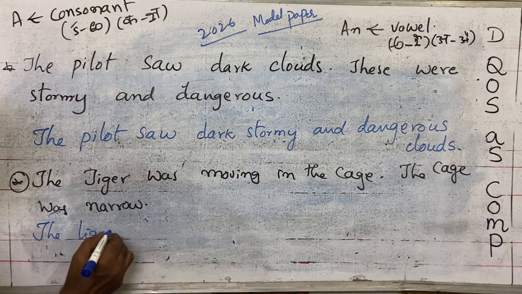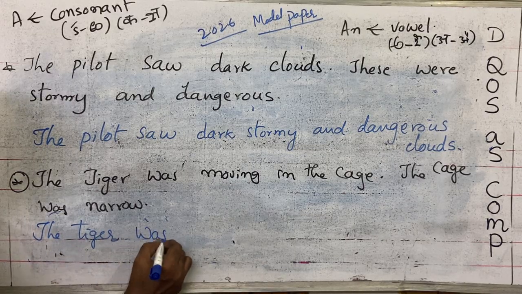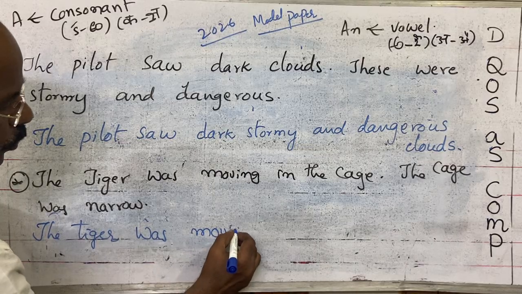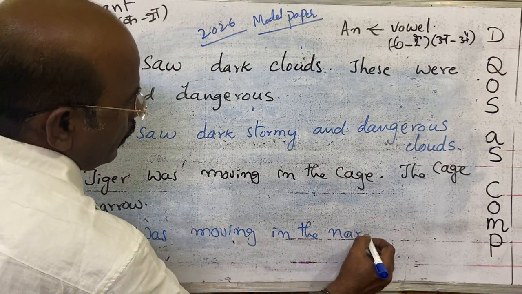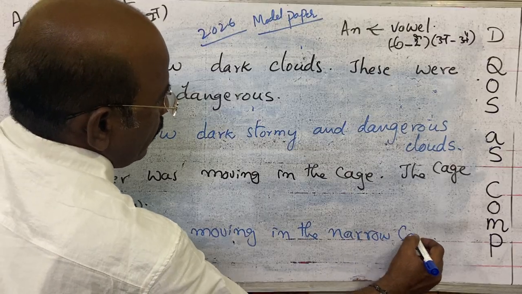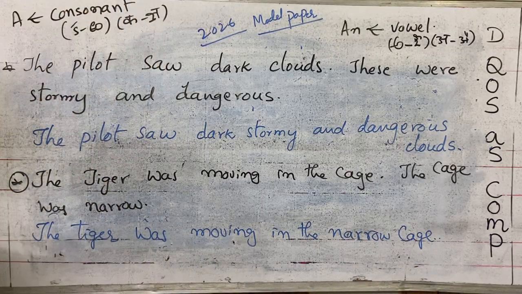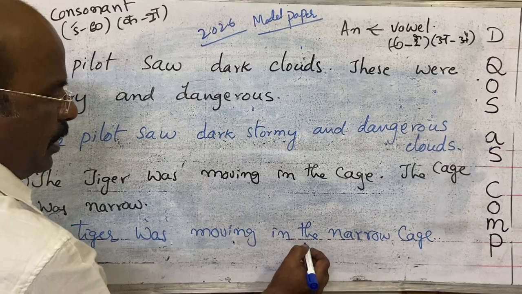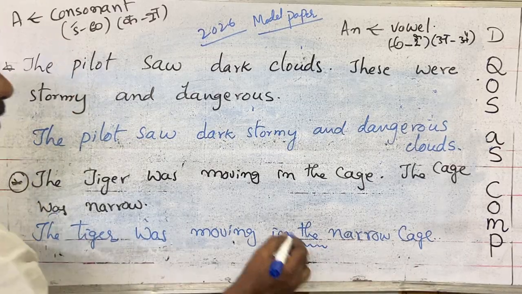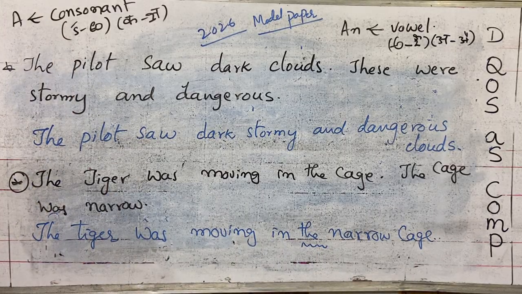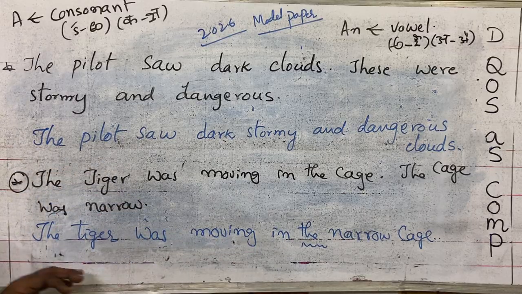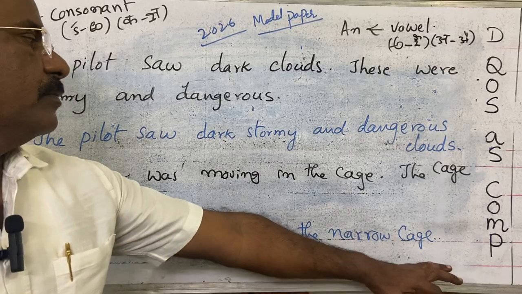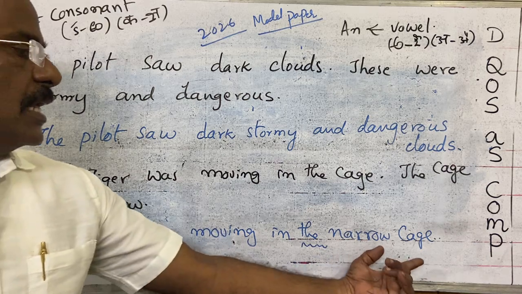The tiger was moving in the narrow cage. What is the determiner taken here? 'The'. Yes, here also you can take it, because it is saying a particular cage.